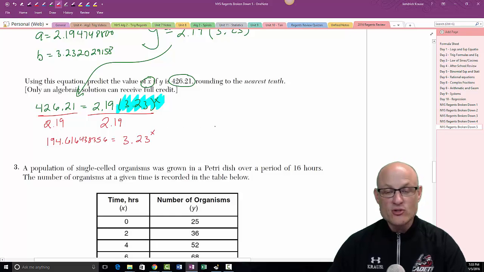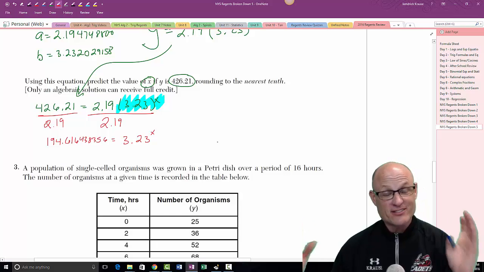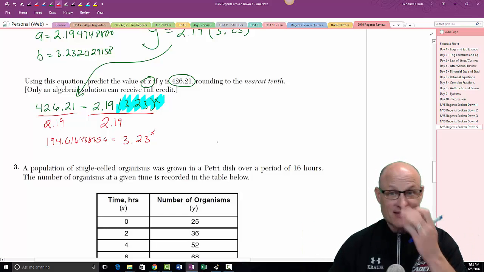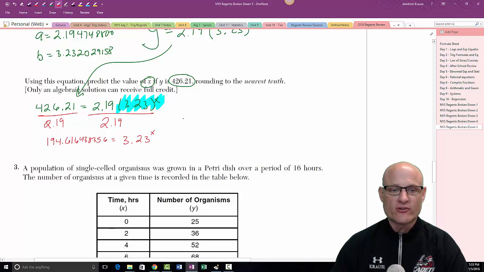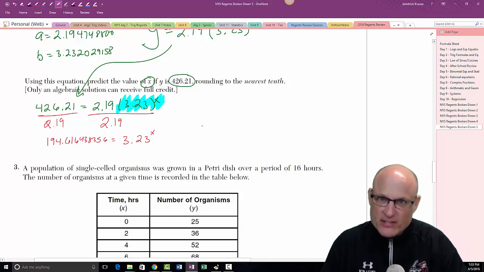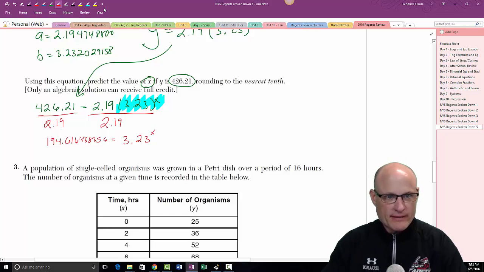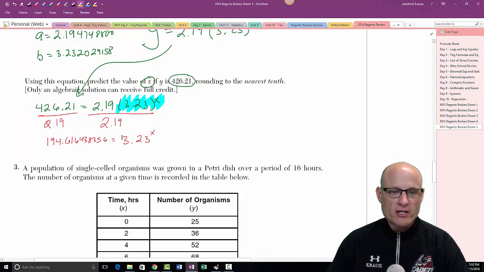Now, if you don't know how to solve logarithmic equations, make sure you go back and watch the log one. That's going to be a really long video because there's lots and lots of questions on the Algebra 2 Trig Regents about logs. But when you're solving the logs, it's all about that base. So we want to convert it into a log function. Here's the base.